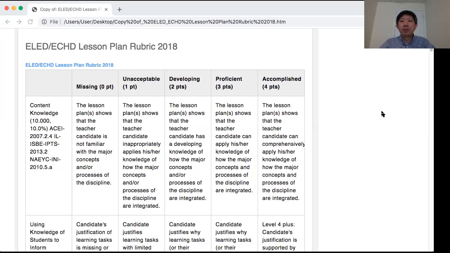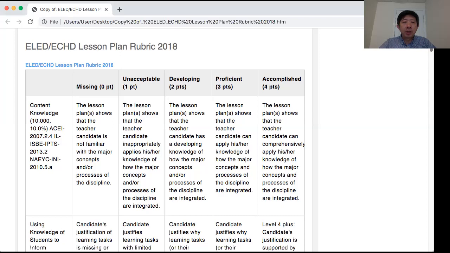For example, a function: you can do a function machine. A good lesson plan has to be fun and interesting. Or you can do a linear equation, or anything you have learned from this class, all right?